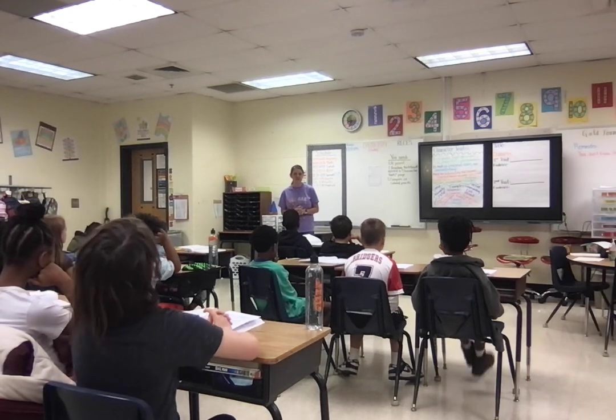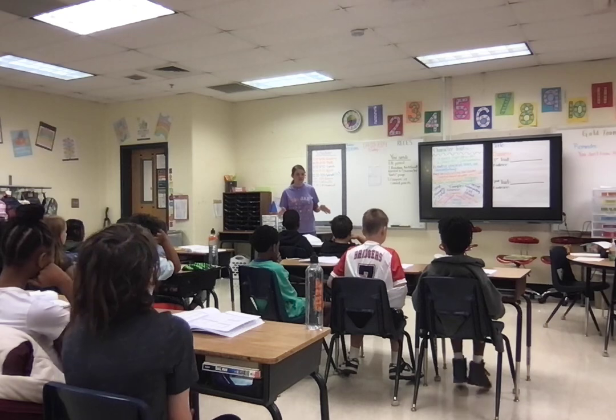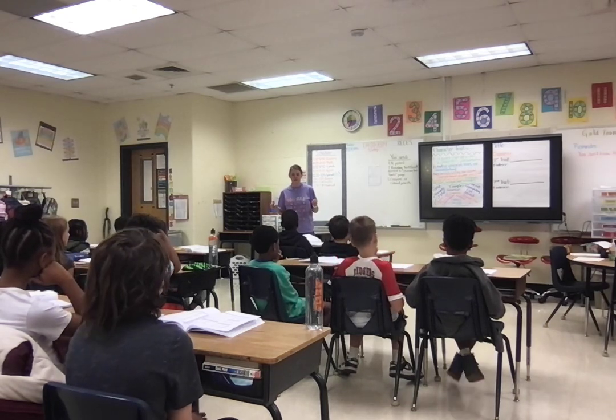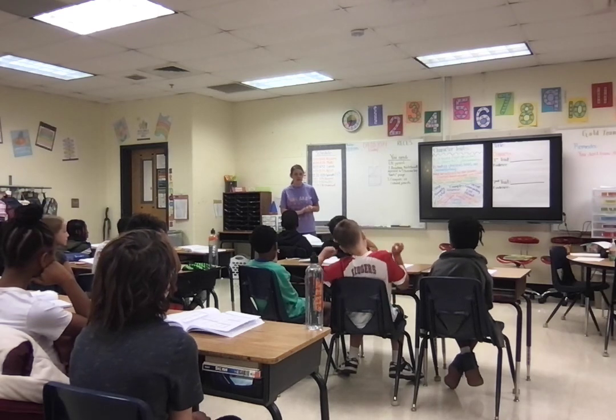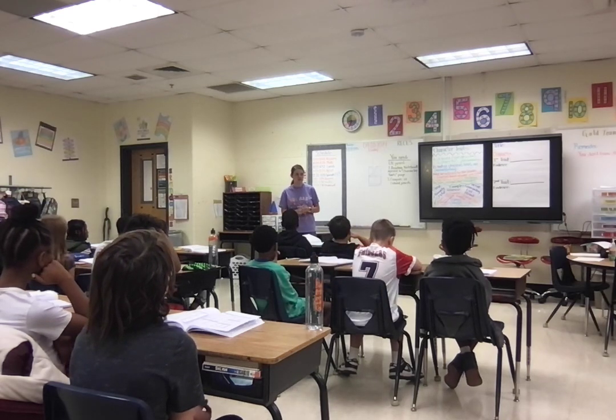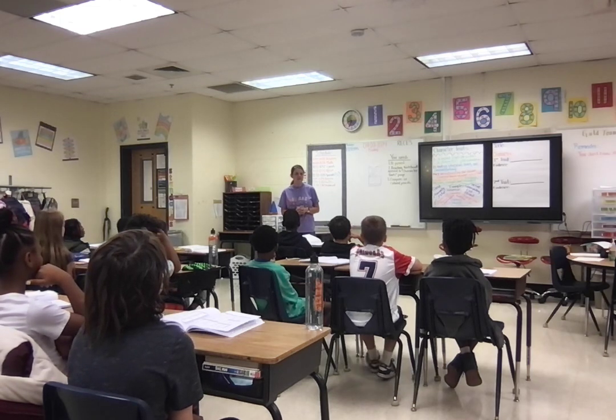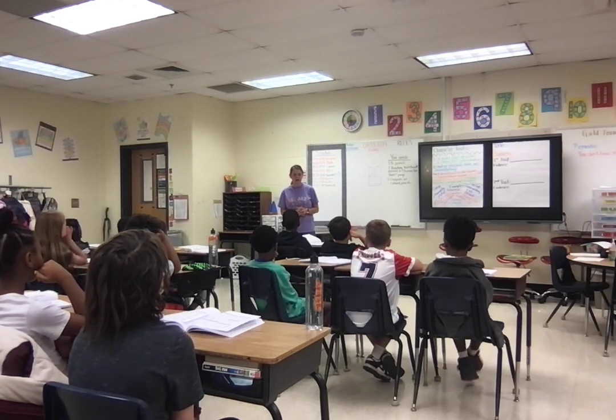So we kind of did this the other day. For evidence from the story, you need to tell me something specific. So let's say in the story that Sally was making fun of Mary.